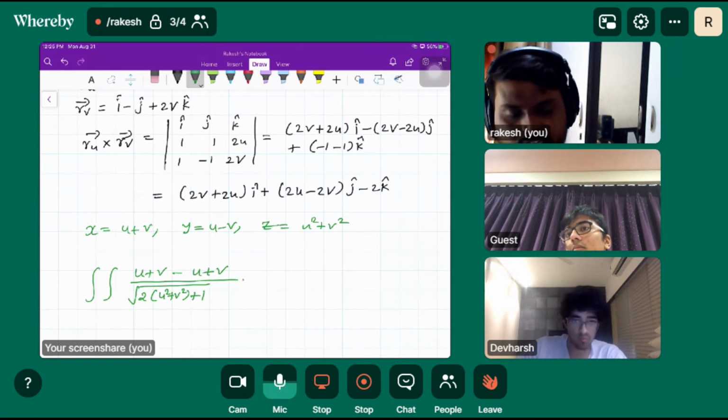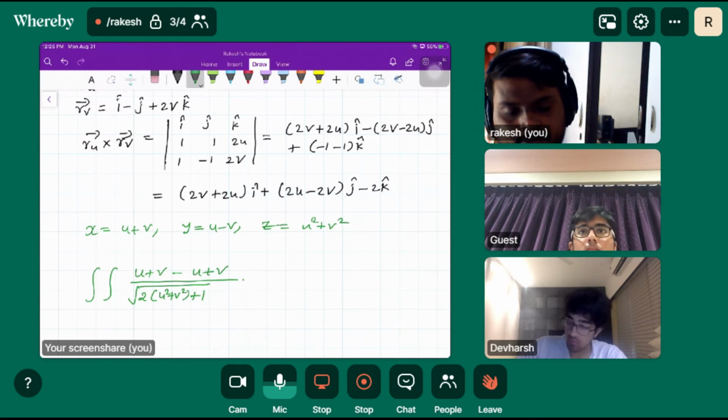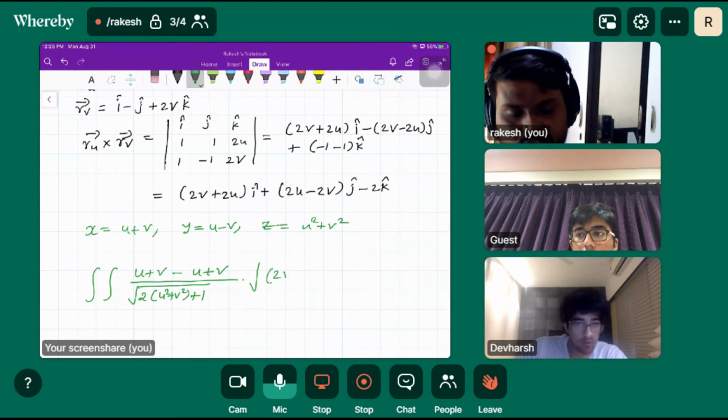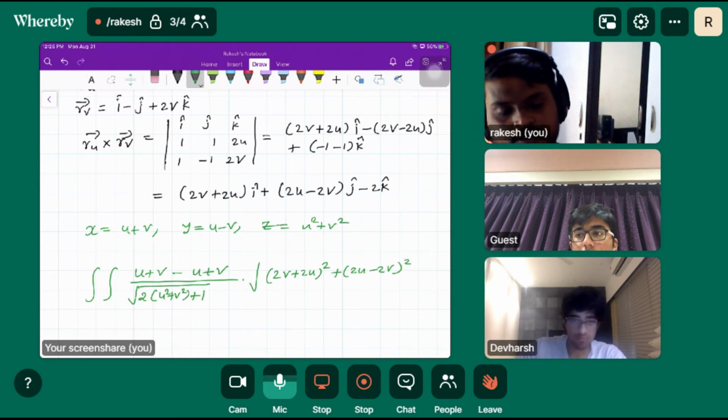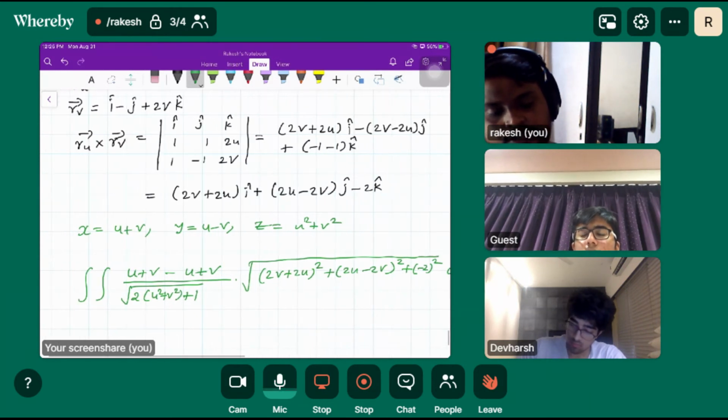And dS is replaced by the mod of the cross product, which is the square root of (2v plus 2u) square plus (2u minus 2v) square plus (minus 2) the whole square, dA.